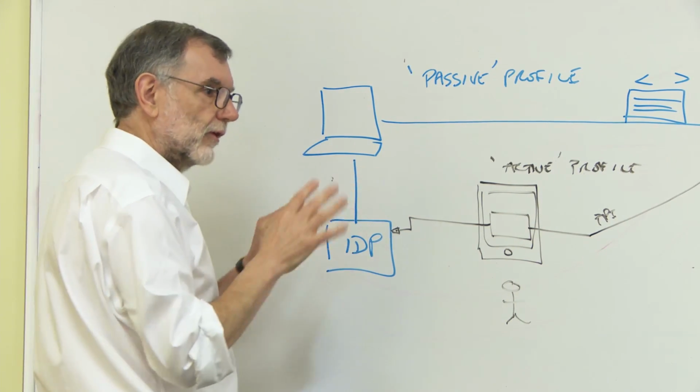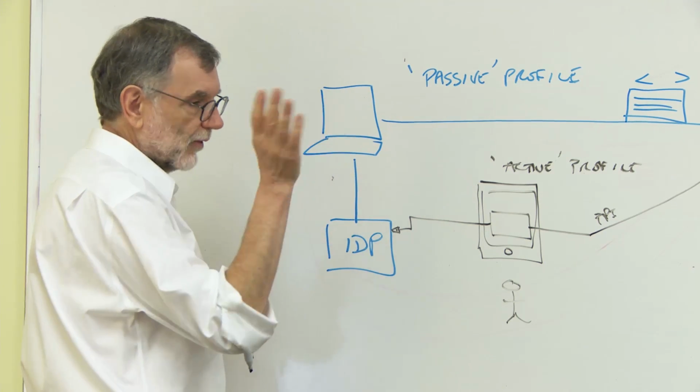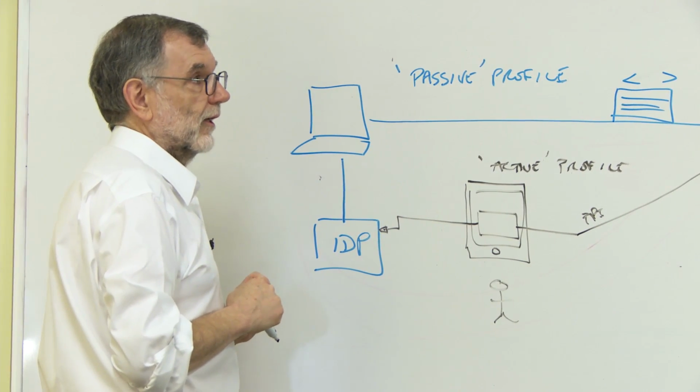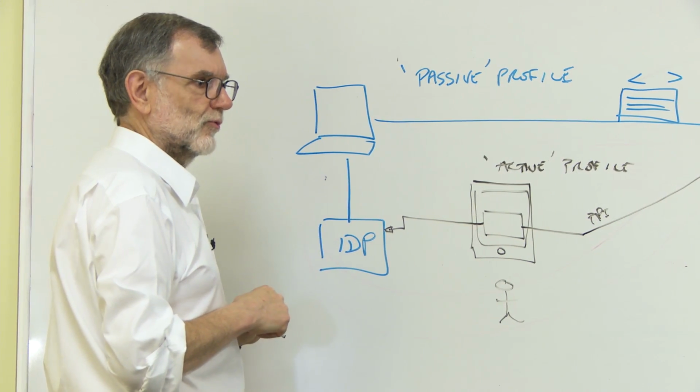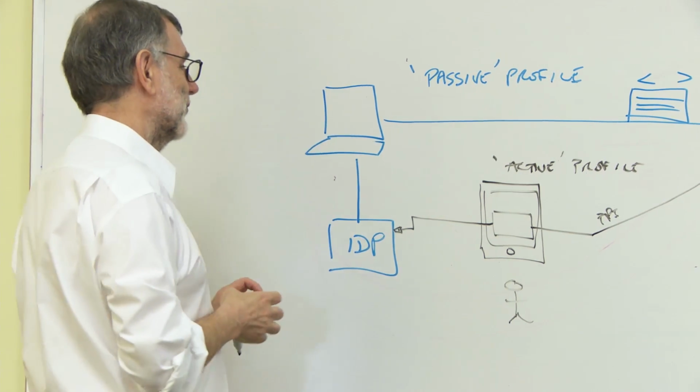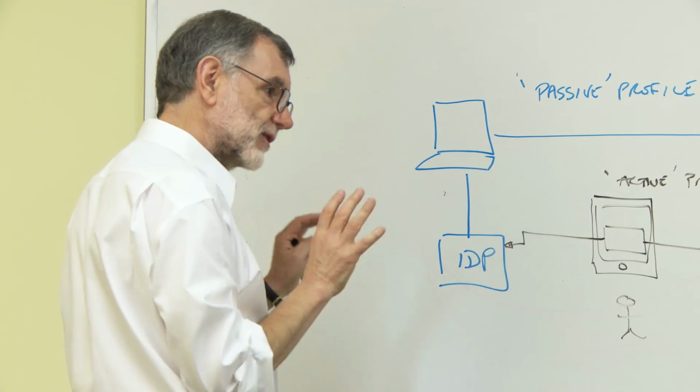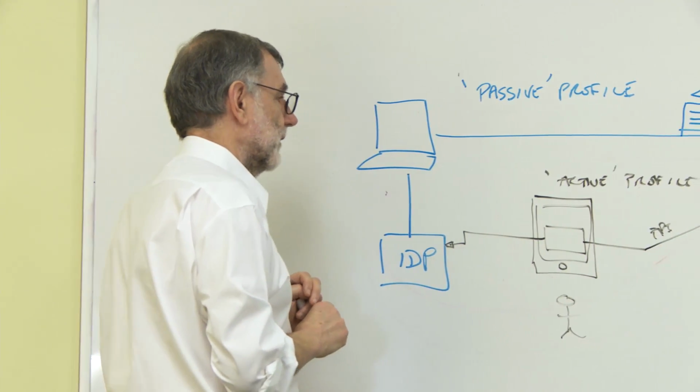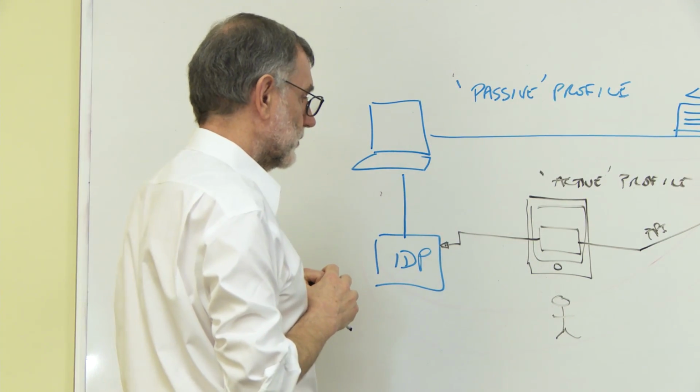There's still a lot of differences between the two, and there are some other ones coming along. There's one called JWT, which I know is pronounced not like it's spelled, like jot, is how you pronounce it. Again, trying to fill the same space as SAML is trying to fill.